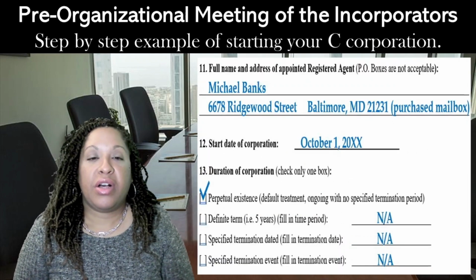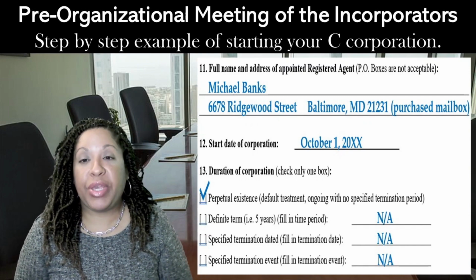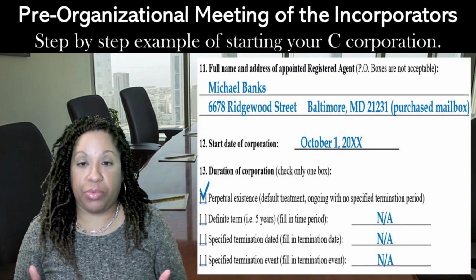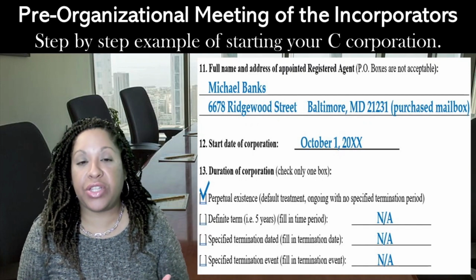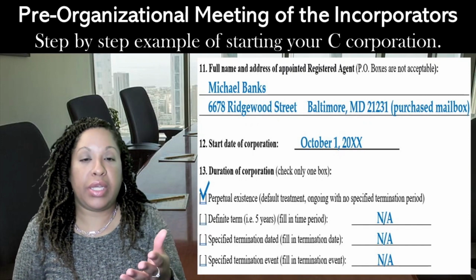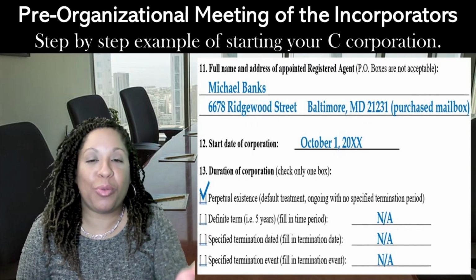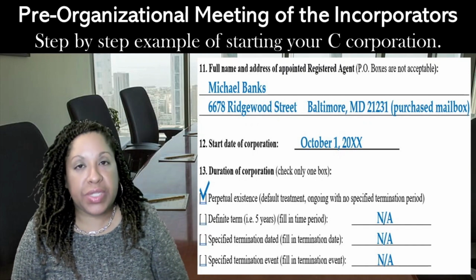Number 11, full name and address of appointed registered agent. PO boxes are not acceptable. I mentioned this a little bit before with having a registered agent. Michael Banks, the brother, will be the registered agent. And again, they purchased a mailbox.